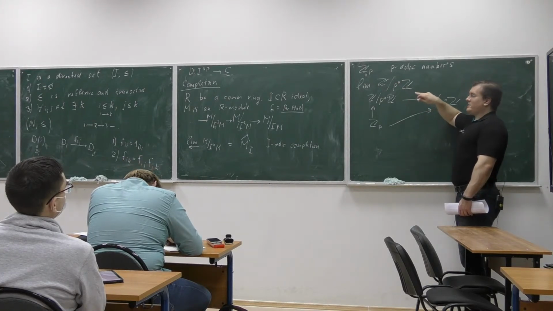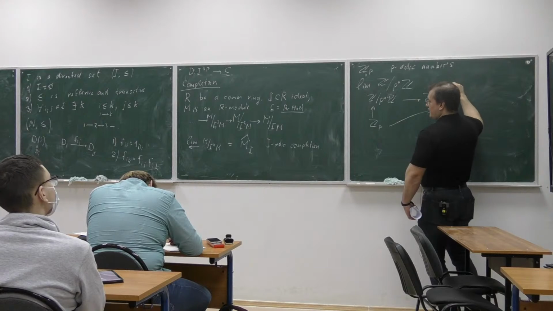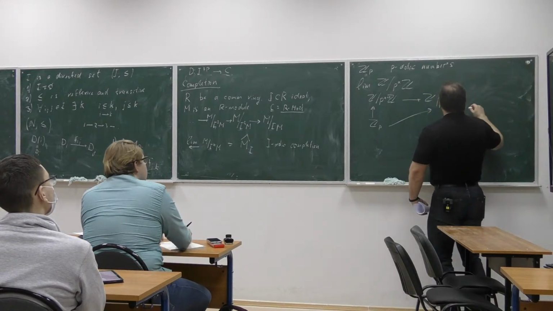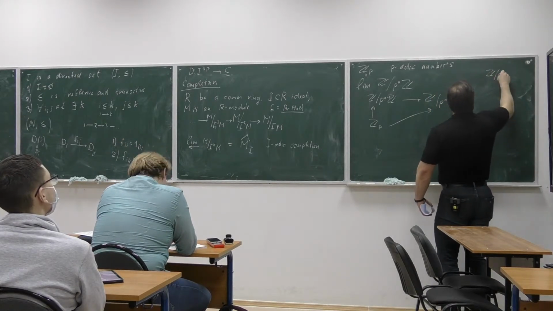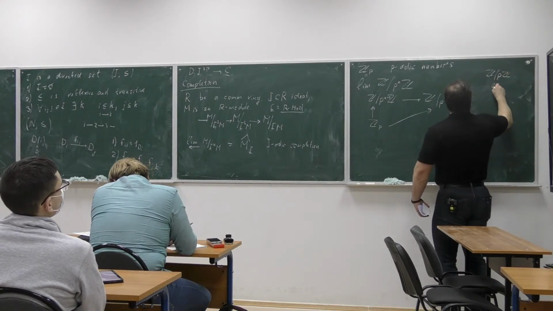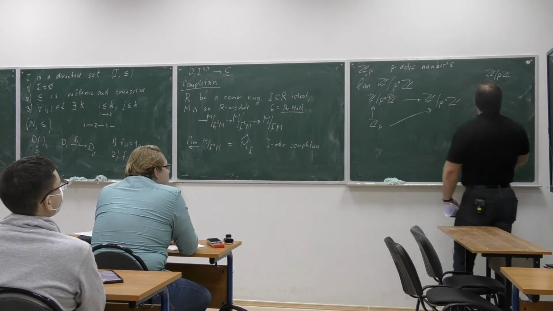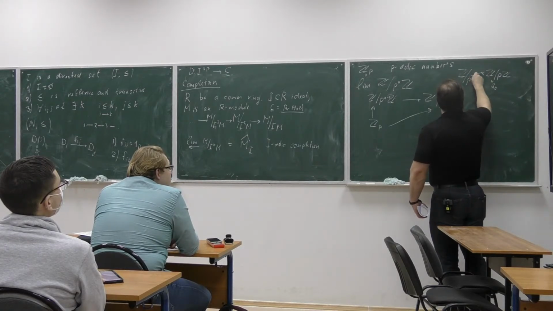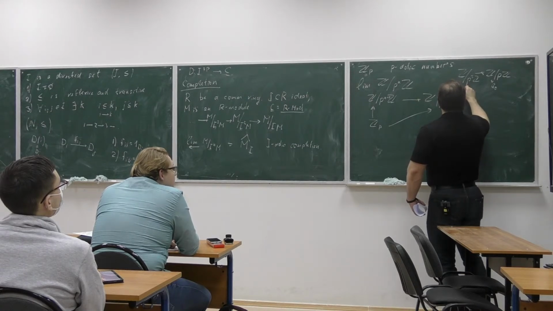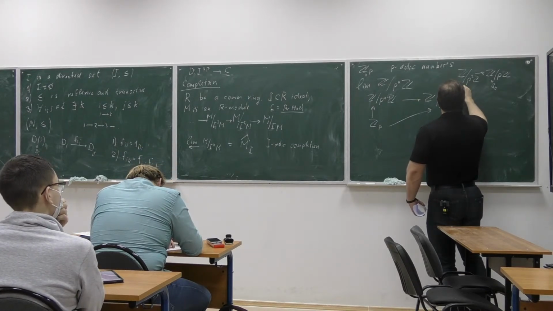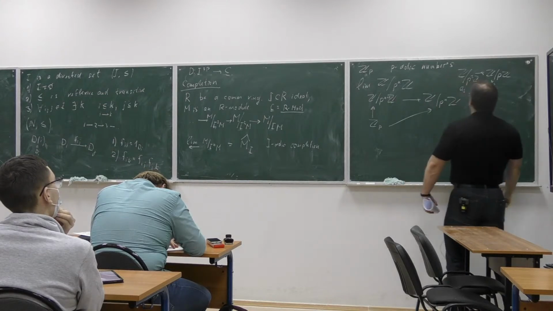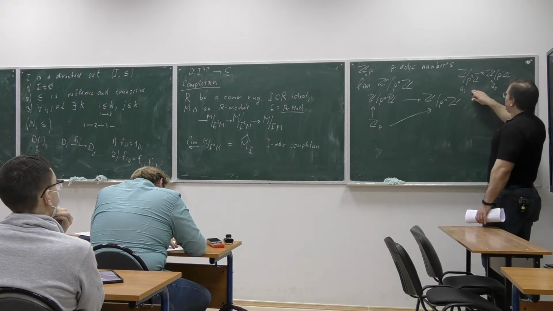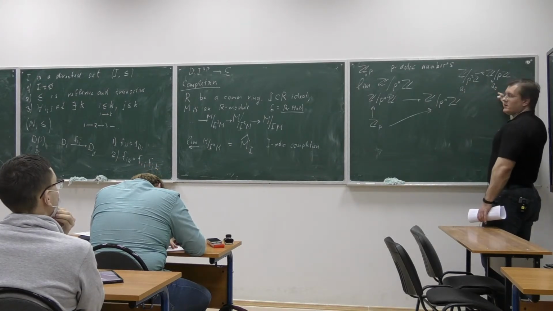Then the next element. This will be just a_0, an element here. Now, here you'll get some element, maybe let's call this a_1, right? And what are the relations between a_1 and a_0?